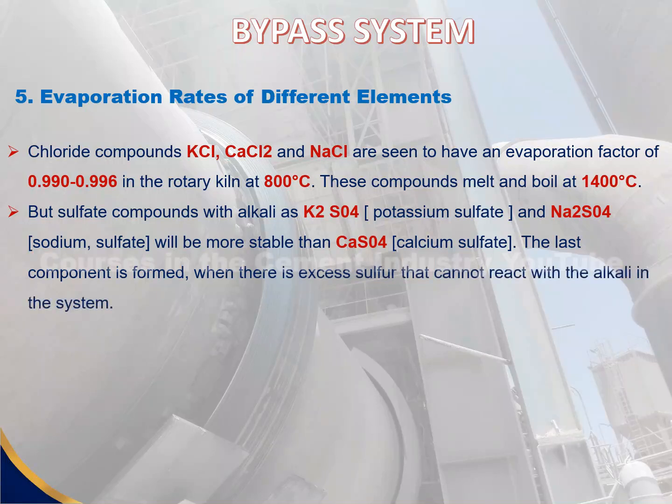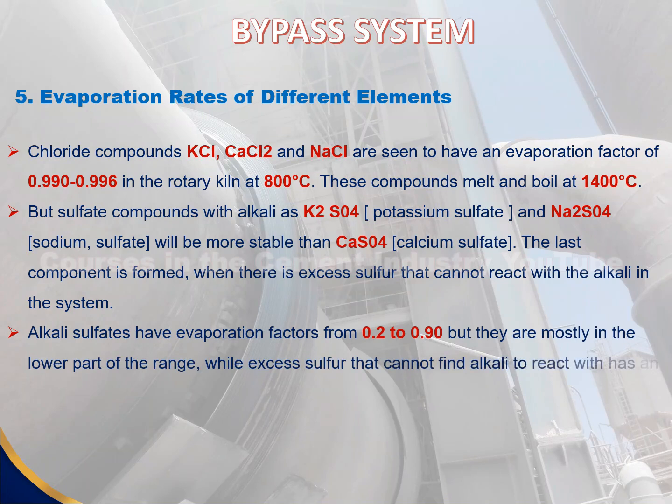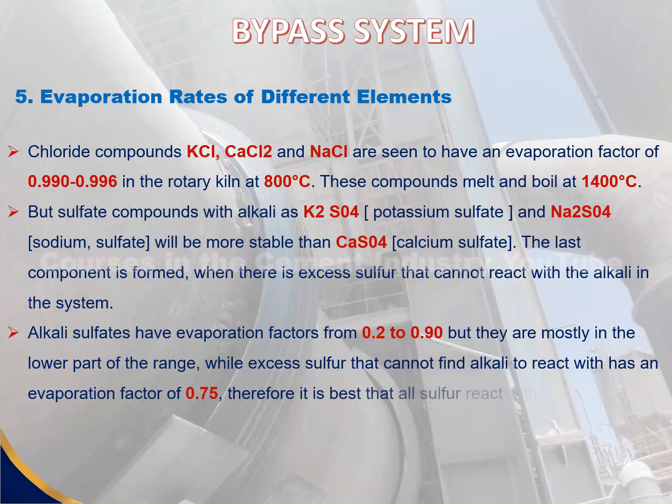The last component is formed when there is excess sulfur that cannot react with the alkali in the system. Alkali sulfates have evaporation factors from 0.2 to 0.90, but they are mostly in the lower part of the range, while excess sulfur that cannot find alkali to react with has an evaporation factor of 0.75, therefore it is best that all sulfur react with alkalis to the highest extent.